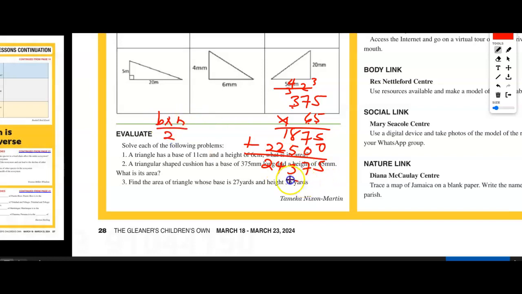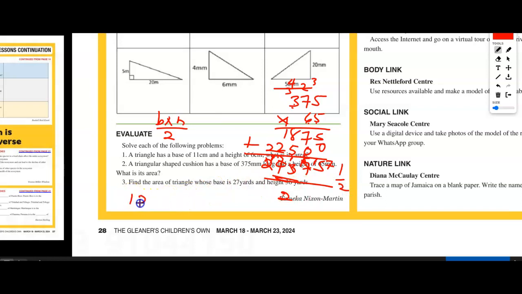And then we need to divide this now by 2. So 2 into 2 goes 1 time. 2 into 4 goes 2 times. Then 2 into 3 goes 1, remainder 1. 2 into 17 goes 8, and we have 5 there. 2 into 5, this would be 2, and 1 half.